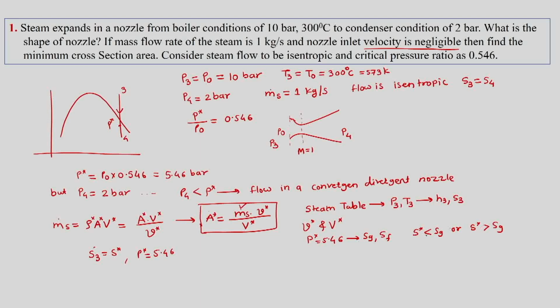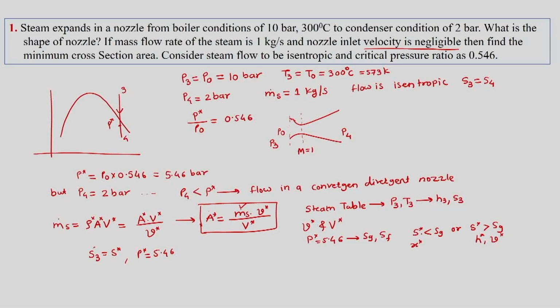If S star is less than SG, then we will have to find out X star. Otherwise, for this condition we can directly get enthalpy star and specific volume. So these two quantities we can directly get.